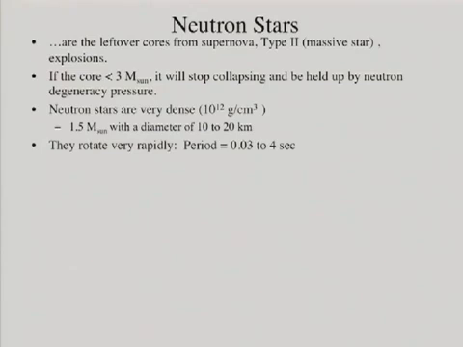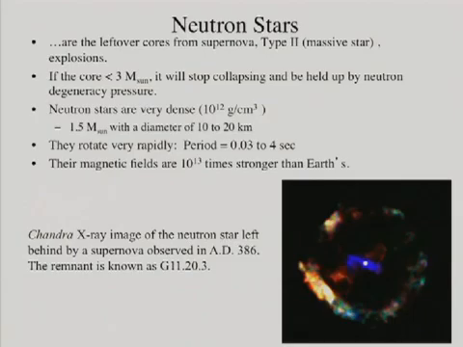Here is a neutron star. It's seen in the X-rays, and this is a supernova that blew up in 386 AD. It's in our galaxy. Now, the supernova, as I said before, will leave a gigantic cloud of material.